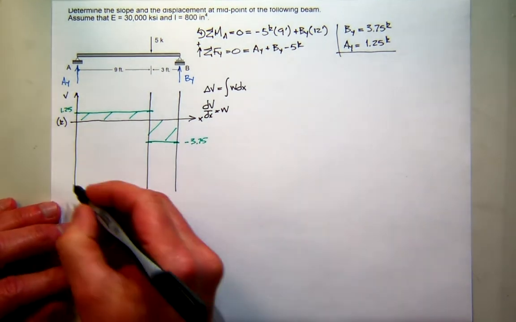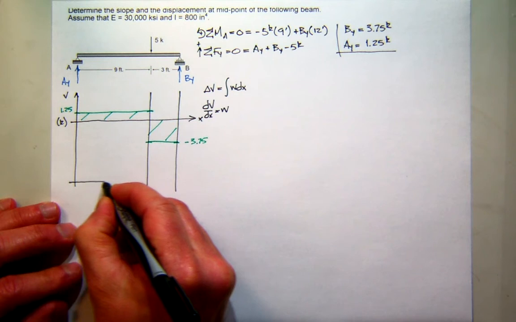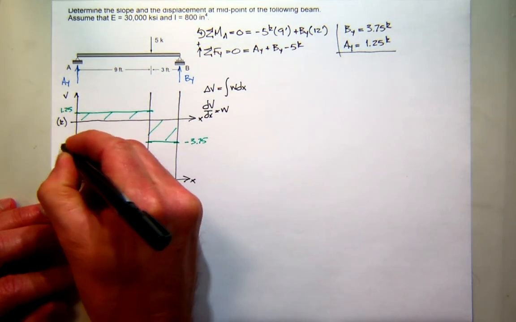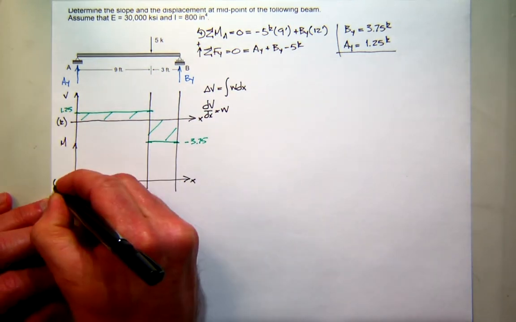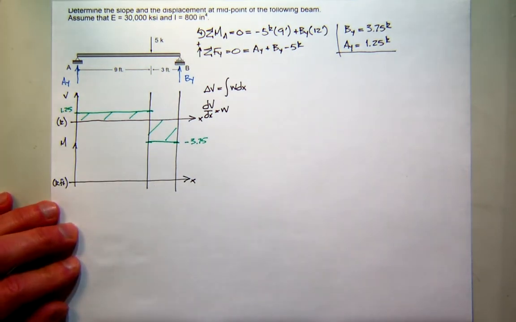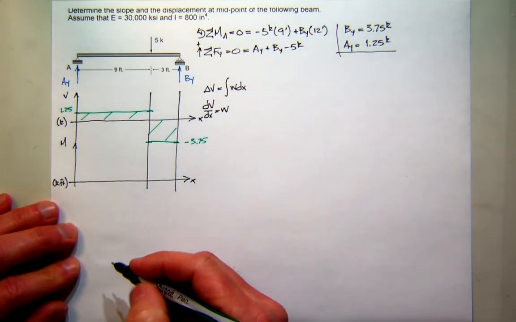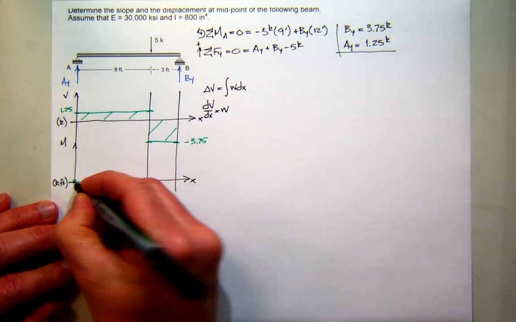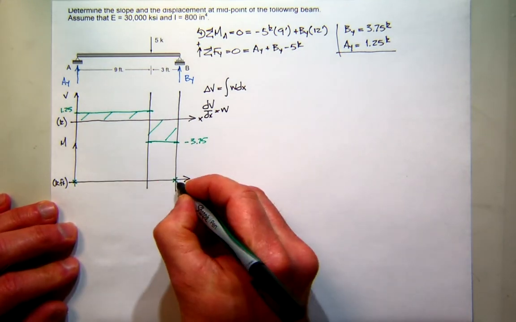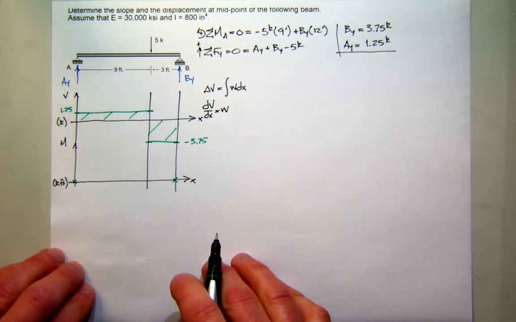So now let's see what the moment diagram looks like. The units here will be kip, feet. So what's the moment at A? 0. What's the moment at B? 0. So we just have to make those 2 points match.